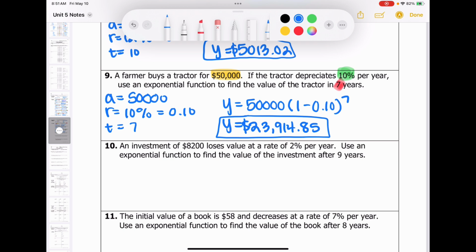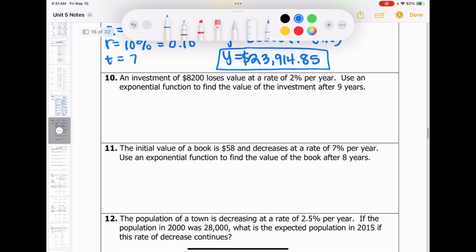All right, number 12, an investment of $8,200 loses value at a rate of 2% per year. Use an exponential function to find the value after 9 years. So our initial is 8,200. Our rate is 2%, which is 0.02 as a decimal.